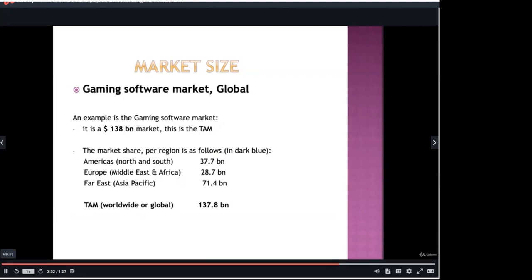This is the biggest region with the biggest spend. So the total TAM worldwide or global is $137.8 billion. It's amazing how big this gaming industry is.